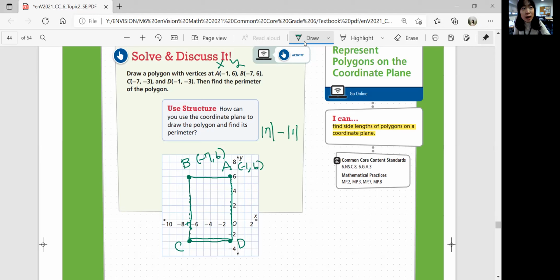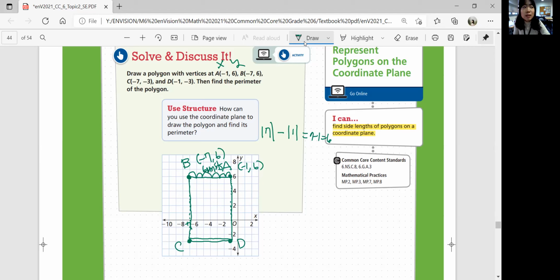They are subtracted because they're on the same quadrant, just like we learned last lesson. So 7 minus 1 is 6. Distance 6 units. Or you can count 1, 2, 3, 4, 5, 6 and check your answer. Yes, it is correct.